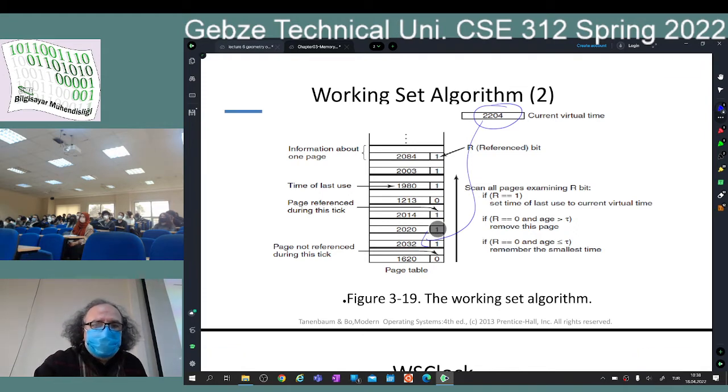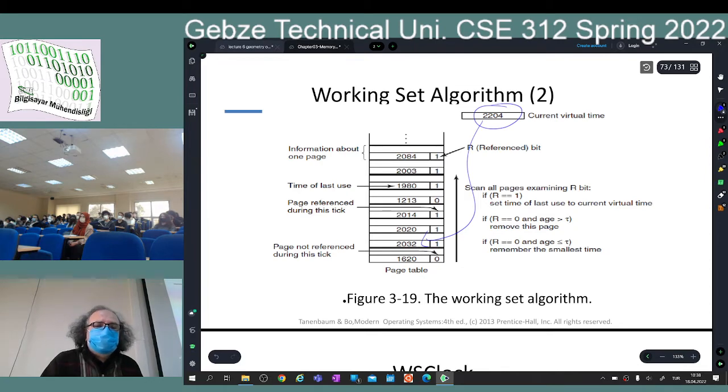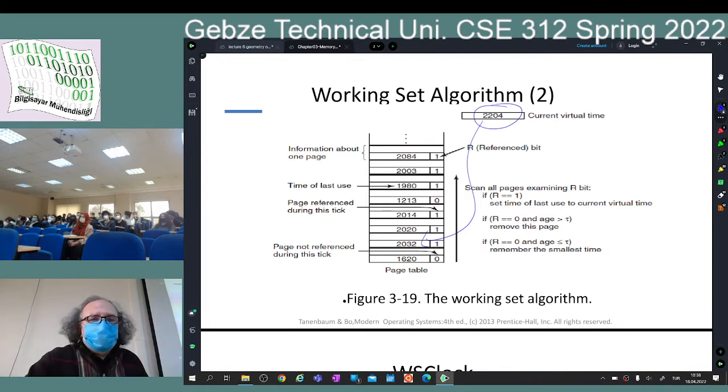If R is 0, that means the page is not referenced, and I don't update that value, so that page gets old.